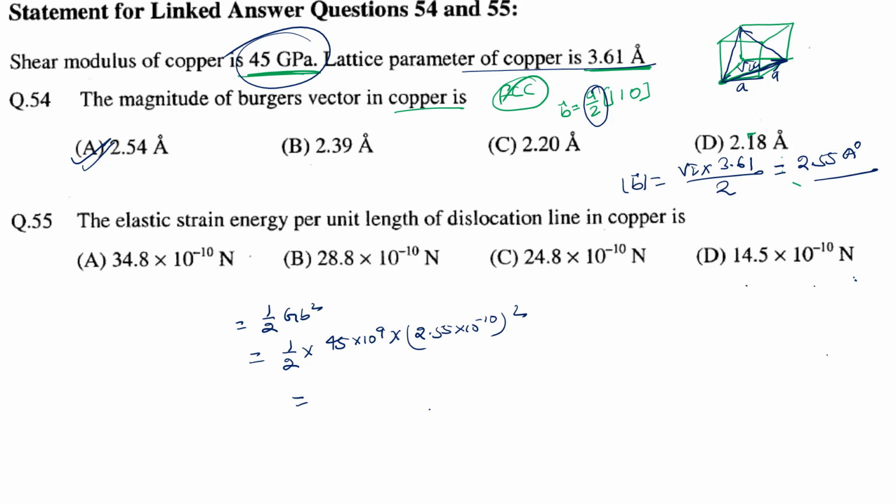So it will be 14.6 into 10 power minus 10 newton, or you can write it as joule per meter. Okay guys, so this matches with option T.